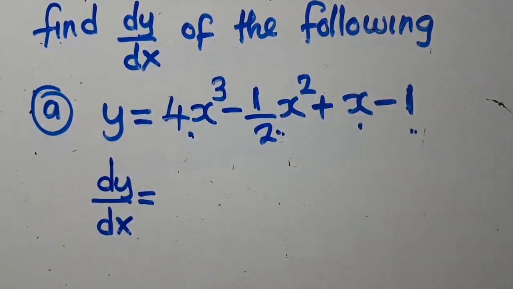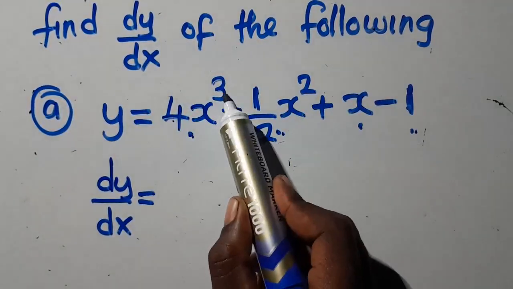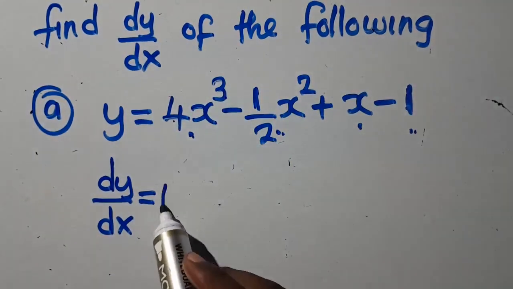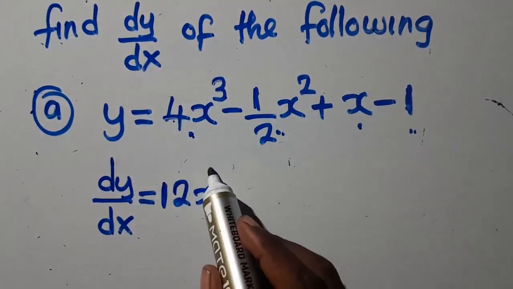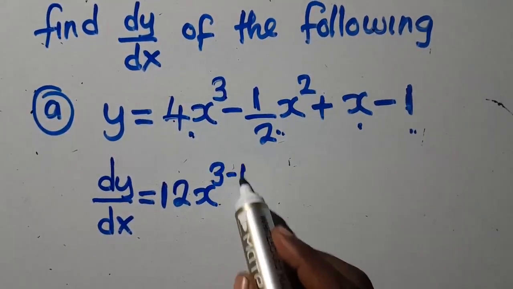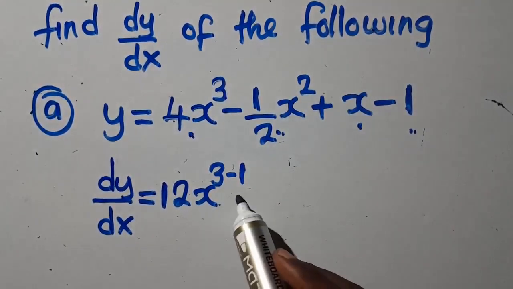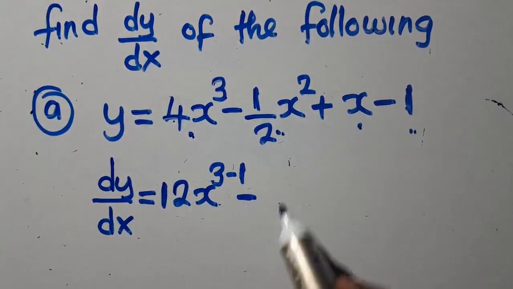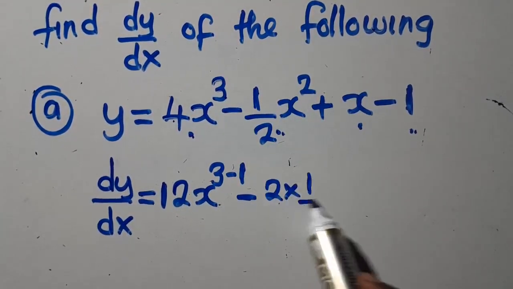Okay, so we start. I multiply 3 times 4. Power times coefficient. 3 times 4, that is 12x. Then power, which is 3 minus 1. Then minus, the power is 2 times 1 over 2.